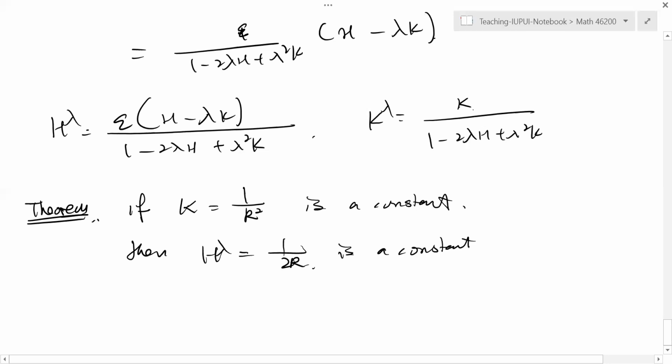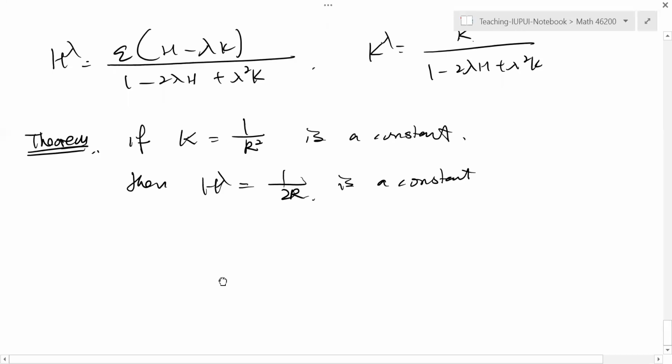So if you begin with a surface with constant curvature, then I choose lambda to be R. And that's the first statement.